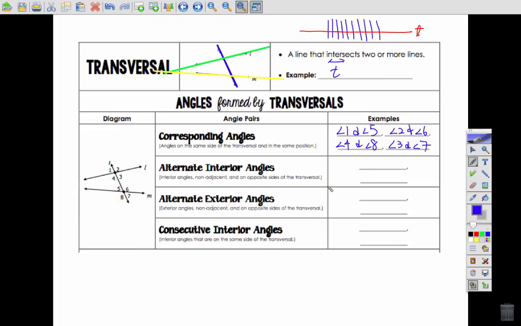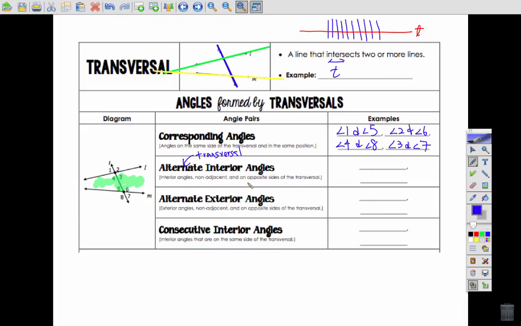Then there's alternate interior angles. The word alternate means on different sides of the transversal. Interior means between the two lines that we're discussing. So alternate interior angles are interior angles, non-adjacent and on opposite sides of the transversal.